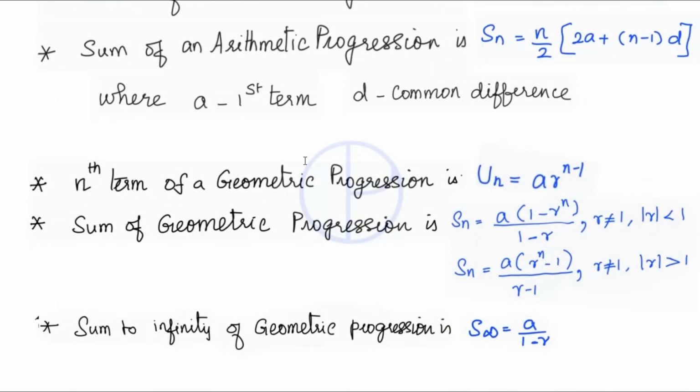The nth term of a geometric progression is un equal to a multiplied by r to the power n minus 1. And the sum of the geometric progression is a multiplied by (r to the power n minus 1) divided by (r minus 1).